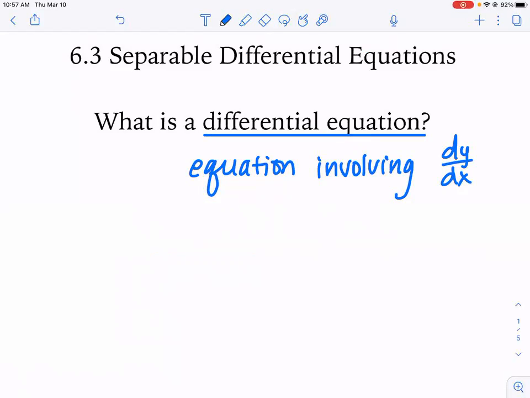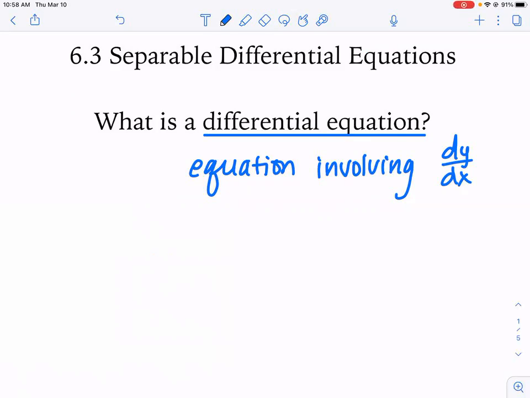Now, there are all sorts of differential equations, and actually after calculus 3, there's an entire class called differential equations. In this mini unit, we are going to work with basically one kind, when we can actually separate the x with the dx and the y with the dy.